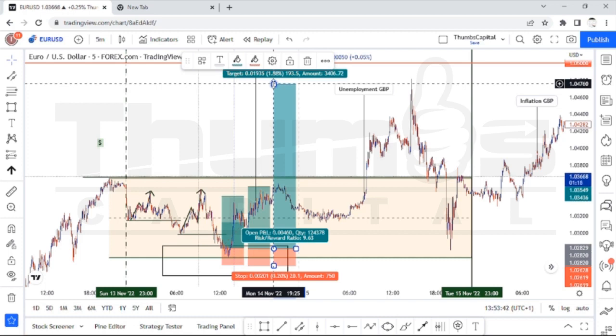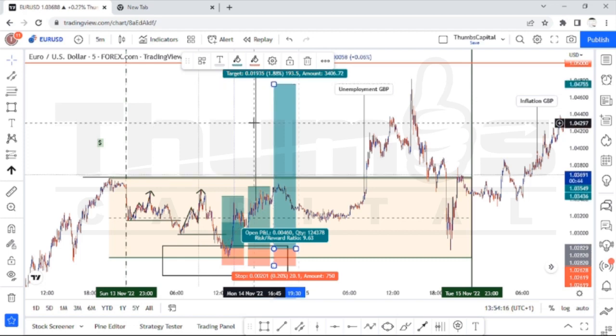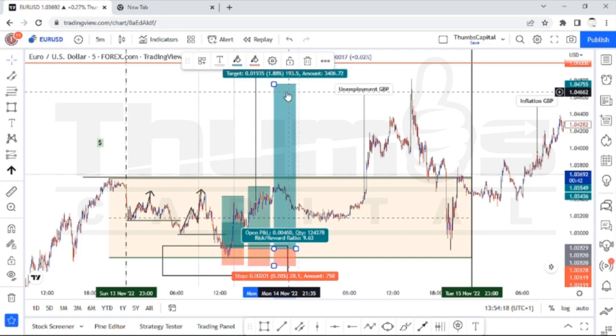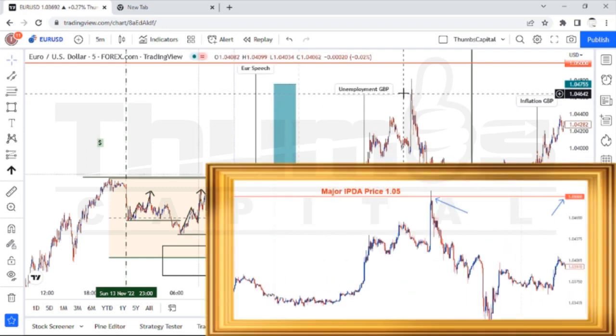Price is different in both cases, and sometimes the market uses the futures EURUSD price and sometimes it uses the Forex EURUSD price. The two levels are always very close to each other, but not at the exact same level in price action. The chart showing at the lower right corner of the screen right now is the futures chart, and as you can see, this high right here touched the major EURUSD price, which it failed to touch right here on the Forex chart. So that is why I use both charts for my reference.